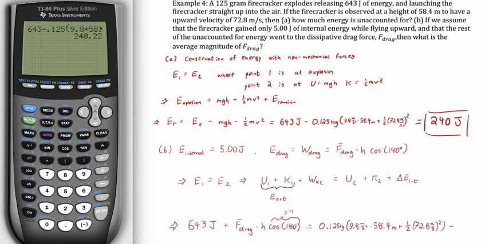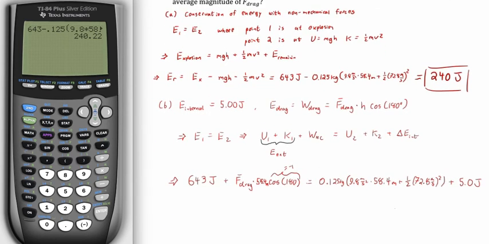And then we just have the change in internal energy, which is quite small, right? It's kind of a drop in the bucket. And it's 5 joules. Okay. And I can replace this unknown h with the known value of 58.4, since we're plugging in numbers at this step. All right. So then we simply want to solve for the drag force.